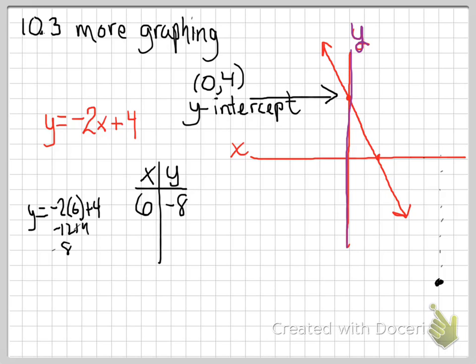Okay, so this point right here is where the line hits the y-axis. Remember, the y-axis is in purple. At that point, it's always an x and a y ordered pair or coordinate, and the x will always be 0. The y will be wherever it crosses. So in this case, it was 4. But think about if the line, let me draw it on here for a second. What about if the line went right here?